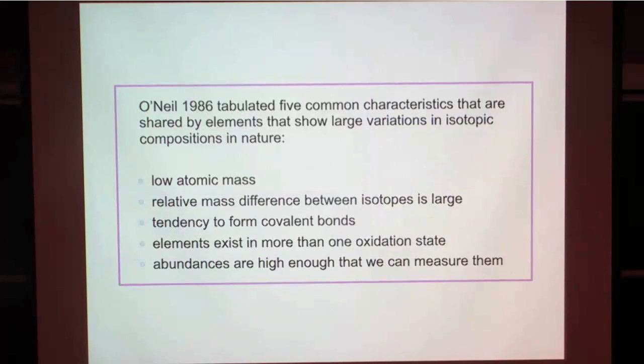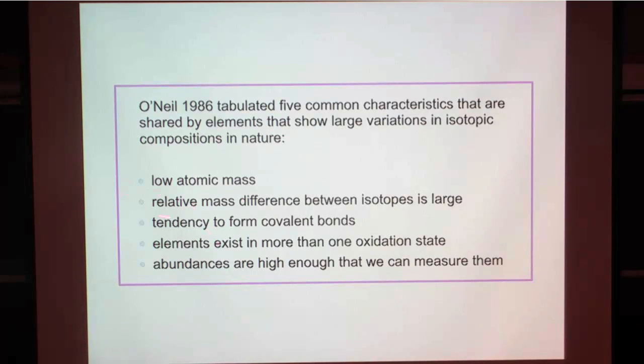So in 1986, in a Reviews chapter, O'Neil tabulated five common characteristics that are shared by elements that show large variations in isotopic compositions in nature. And in 1986, the elements we're referring to are the ones that I showed you earlier: hydrogen, carbon, oxygen, nitrogen, and sulfur.